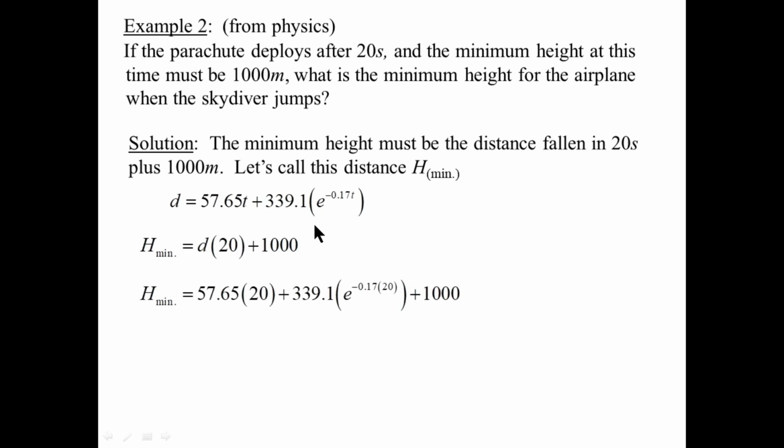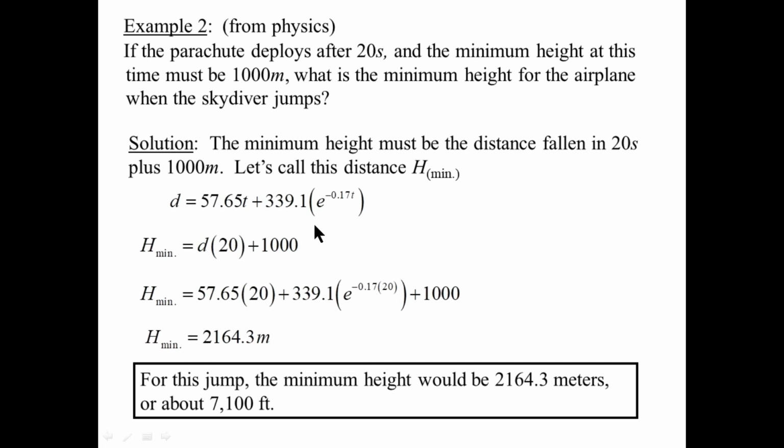You sub in 20 for t and evaluate it on a calculator. For this jump, the minimum height would be 2,164.3 meters, and that's about 7,100 feet, which is quite a ways up there. A small plane can reach that easily, but from the ground, the small plane would be just a tiny speck.